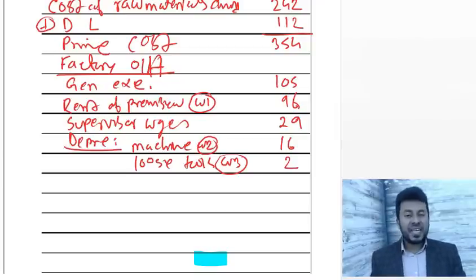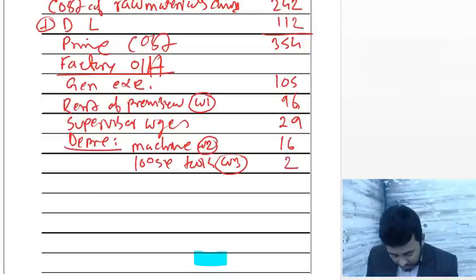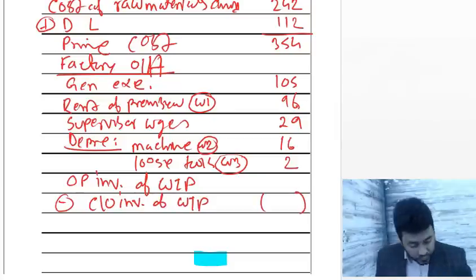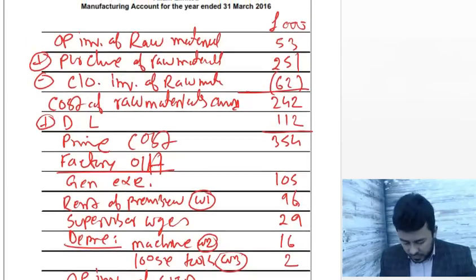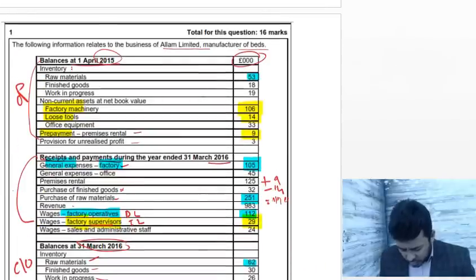And one more adjustment, which is work in progress, the half done products, opening and closing. So opening inventory of WIP, you add, less closing of your WIP, you deduct. Let's look for those items. Those are given here. Opening is at the top and closing at the bottom.